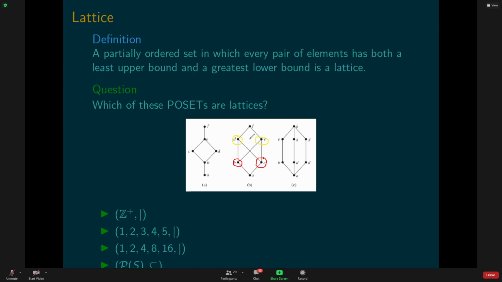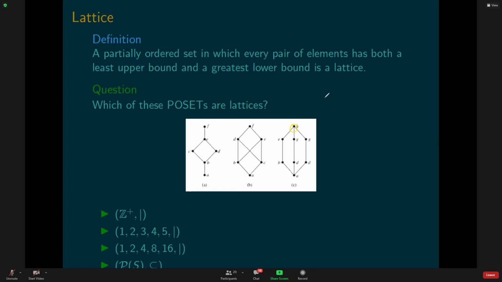And there is no least upper bound because we cannot compare these two. So this is not a lattice. This one is a lattice because if we take any two elements, we will end up with this one.